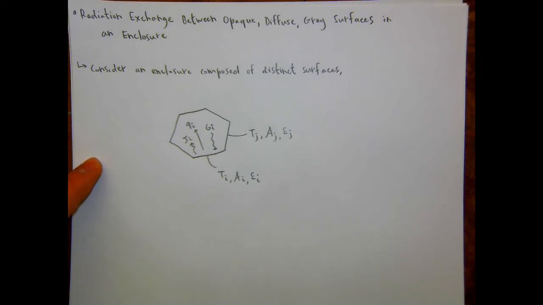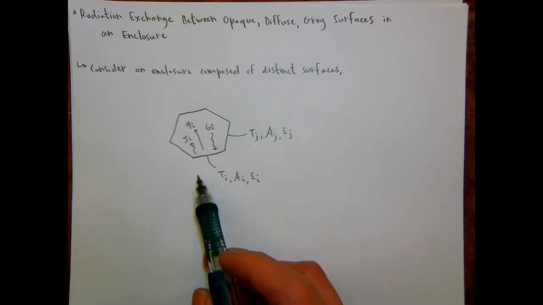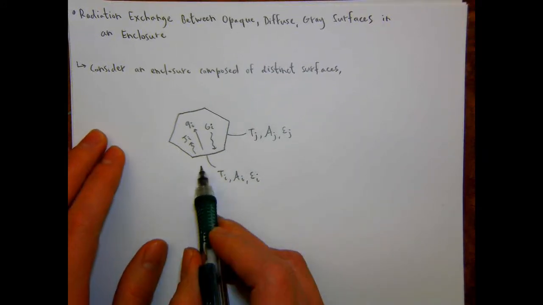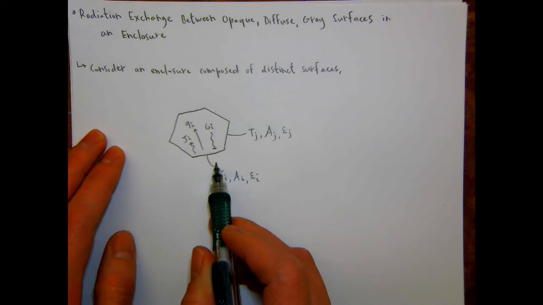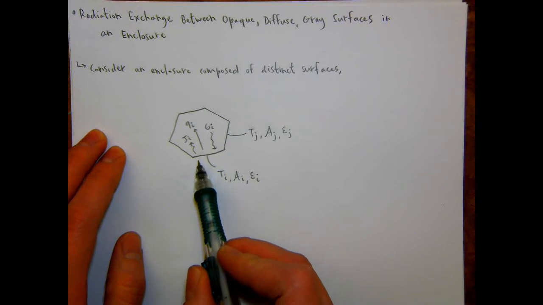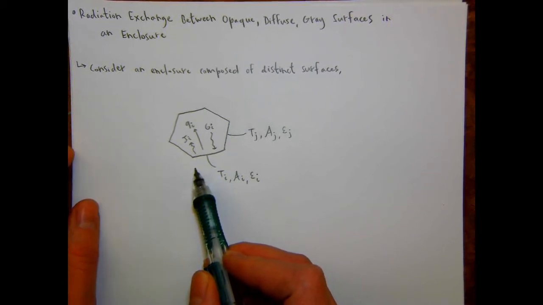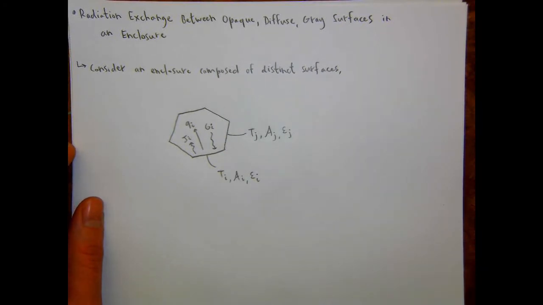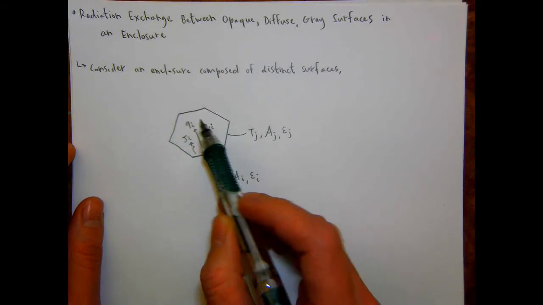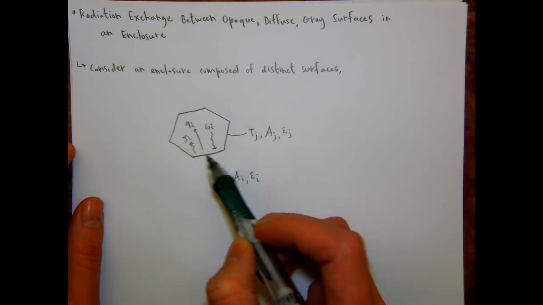Okay, so the key difference between this enclosure and an isothermal enclosure that's just one surface is these surfaces cannot be approximated as black bodies. And that's because each individual surface will not necessarily absorb all of the radiation. The reason we were able to say an isothermal enclosure composed of one surface approximated a black body was because that surface absorbed all incident radiation, as it reflected off of all the surfaces and eventually got absorbed.